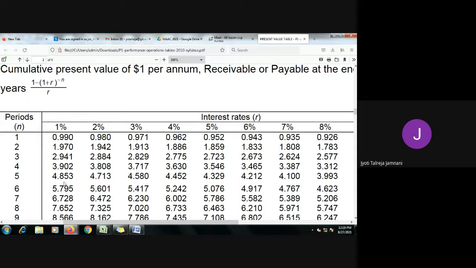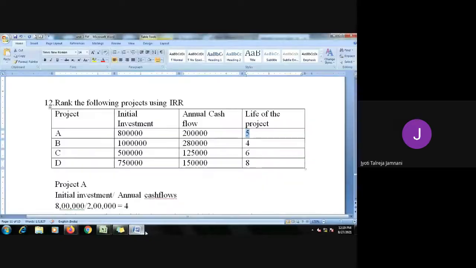So here it's 4.853, 4.731, and so on. If I go, you can check here at 7 and 8%. At 7%, we are getting 4.100, and at 8%, we are getting 3.993. So these are the two rates, 7 and 8. In between 7 and 8 is our IRR, because the IRR value should be exactly 4, the table value. There is no 4 value here, so it's in between these two values.